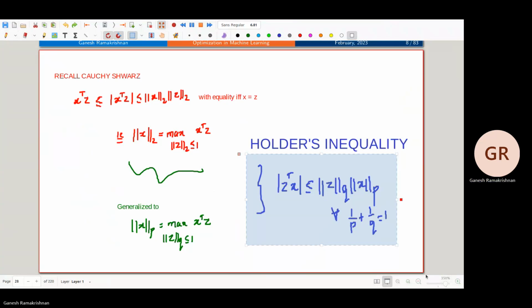Now I'm generalizing: z transpose x is less than or equal to, instead of the 2 norm, the q norm of z times the p norm of x.